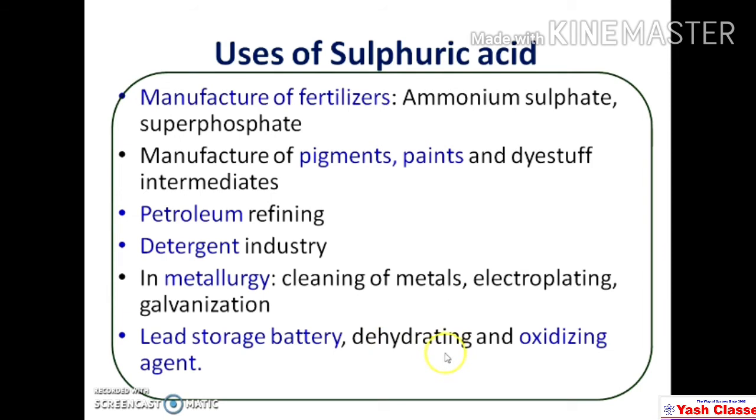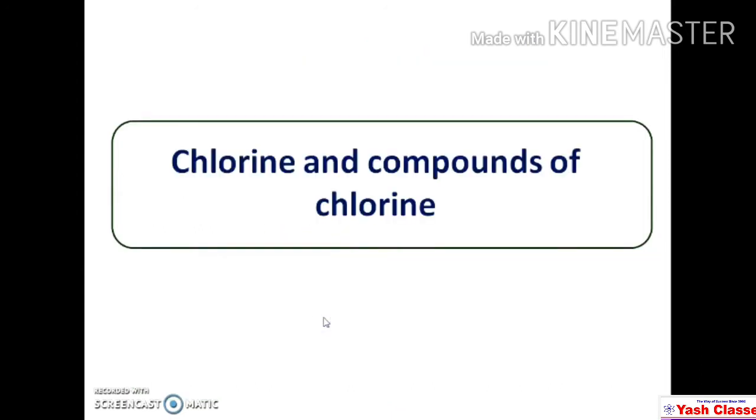It also acts as a dehydrating agent and oxidizing agent. So these are the some uses of sulfuric acid. Actually, sulfuric acid plays very important role in chemical industry. Almost in all reactions there is a need of sulfuric acid.